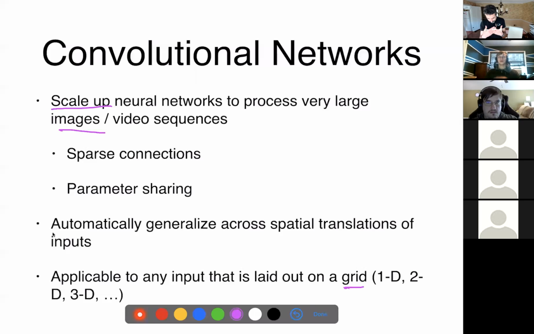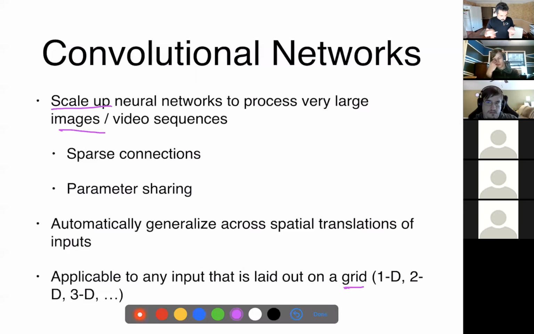And you know that for images, you have a grid of pixel values. You might have, for example, 3 different channels for each image, for red, green, and blue. Typically, this is for colored images. For black and white, you have 1 channel.